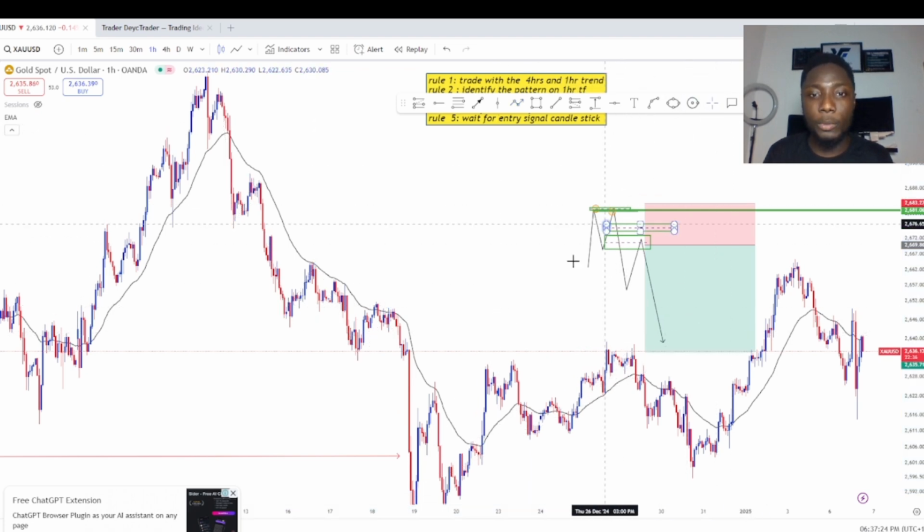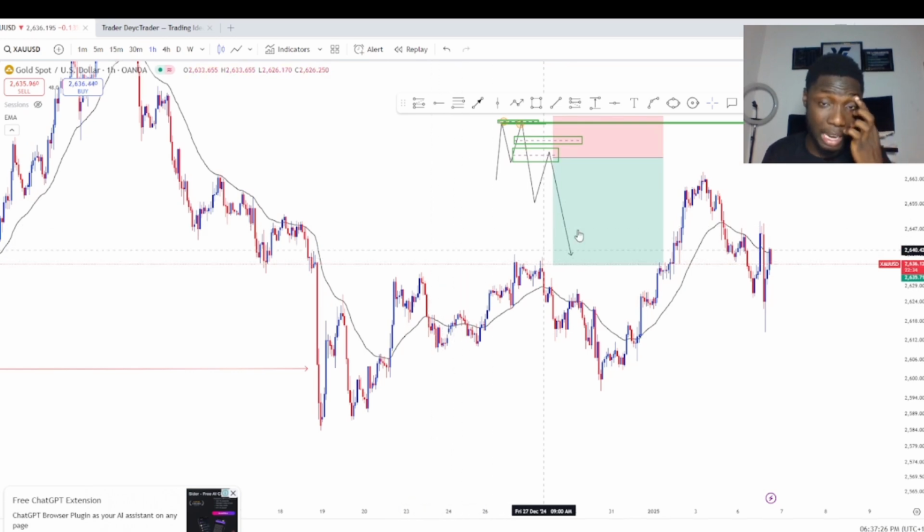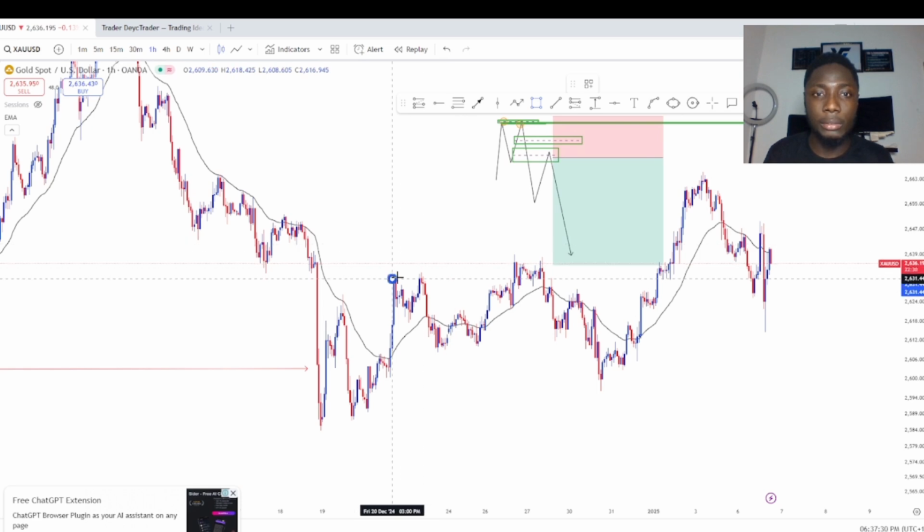So we're able to point out, I think we have 2 double tops here, and this is the first one. This is another double top here.